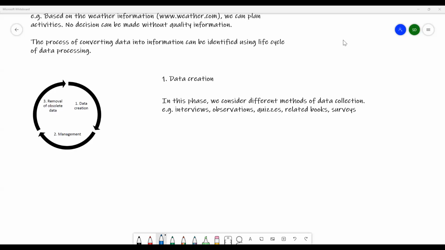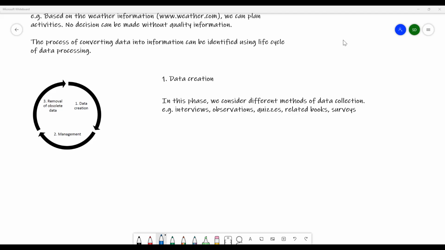So in data collection, we consider different methods of data collection. Interviews means you meet some person in person and get the required data. Likewise, you can observe, you can go to a place and observe something happening. Now, rainfall data, some people observe and then they report.